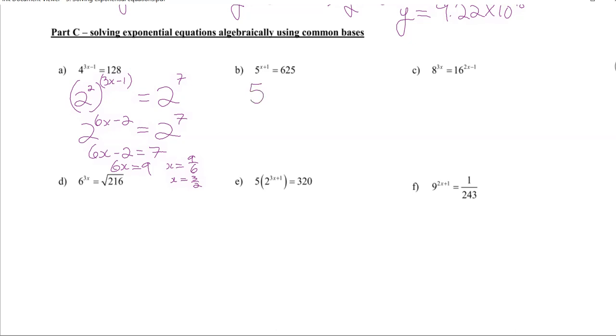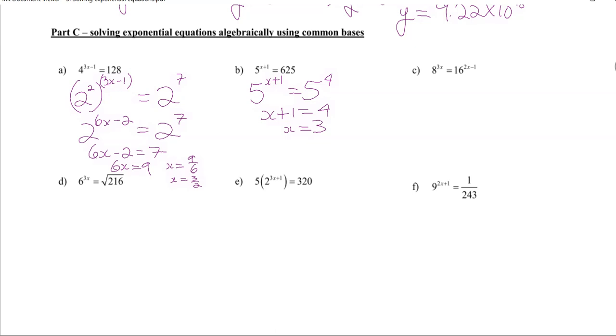So we say 5 to the x plus 1 is equal to 5 to the 4th. Once the bases are the same and the exponents have been simplified, here we had to simplify the exponent first to get that. Then we can make the exponents equal to each other. So that means that x plus 1 is 4. So x is equal to 3.